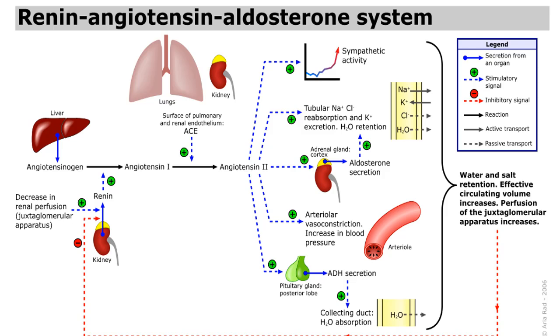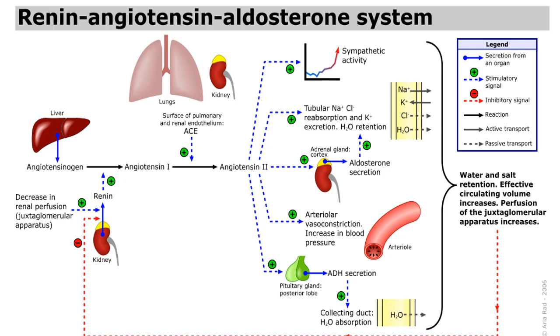Also, in the adrenal cortex, aldosterone secretion is stimulated by angiotensin 2, and you know the roles of aldosterone. Aldosterone can reabsorb sodium and chloride and excrete potassium, and finally absorb water. The other function of angiotensin 2 is arterial vasoconstriction and increased blood pressure.